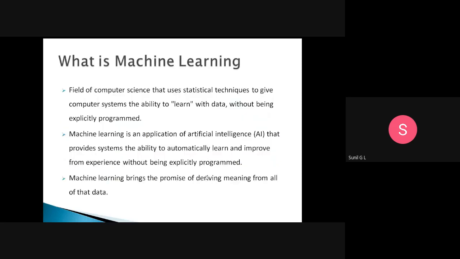When you come to the definition, what is machine learning? It is a field of computer science that uses statistical techniques to give computer systems the ability to learn with data without being explicitly programmed. What are statistical techniques? There are a number of statistical techniques, and I will discuss all of those in detail. Here, the computer system has the ability to learn from the data without being explicitly programmed.